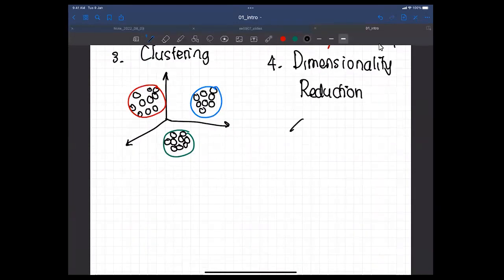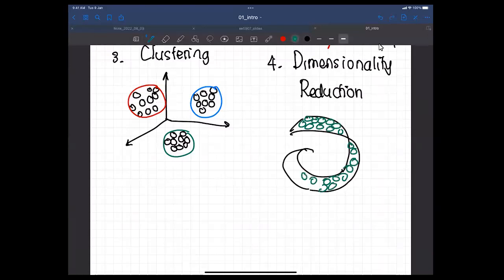So let's assume that I have data in 3-dimensional space. I have a sample of data here, like this. Now, you assume that this is a 3-dimensional space.